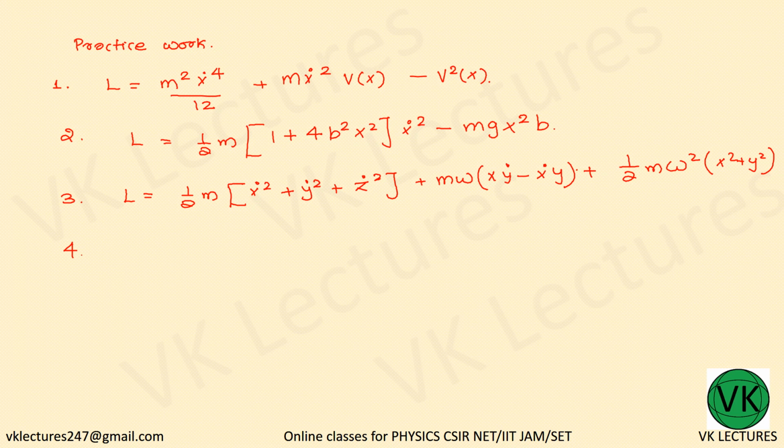Fourth, Lagrangian is equal to half m r dot square plus r square theta dot square plus g m by r square.